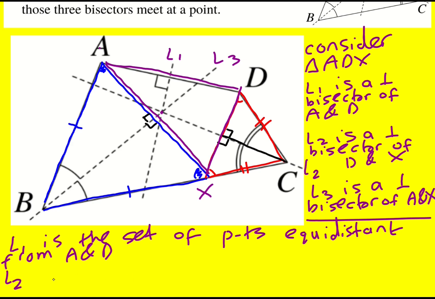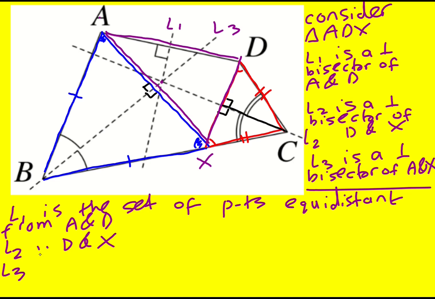L2 is going to be the same stuff, but from D and X. And then L3 from A and X.